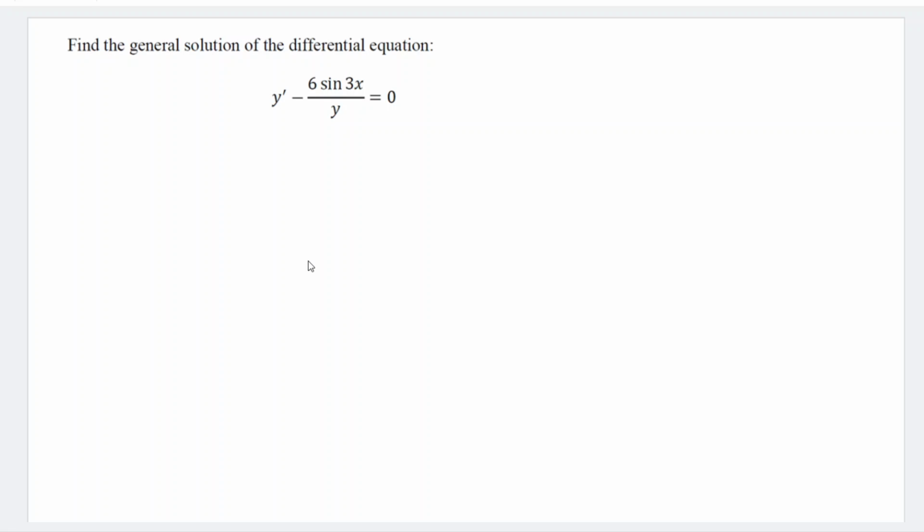Here we are going to discuss another example. Say this equation we can write dy/dx minus 6 sin 3x divided by y is equal to 0.